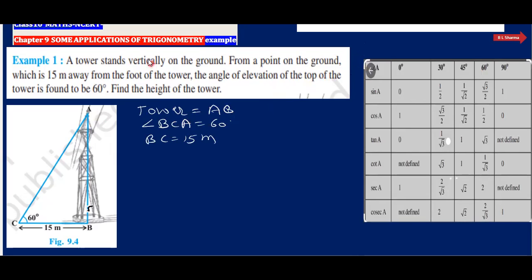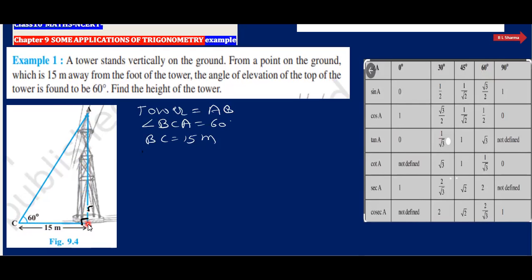Now, in this right angle triangle ABC, since this angle is 90 degree, it is a right angle triangle. In it, one acute angle is given, 60 degree, and one side is given, 15 meter. Using trigonometric ratios, we can find out the remaining two sides.